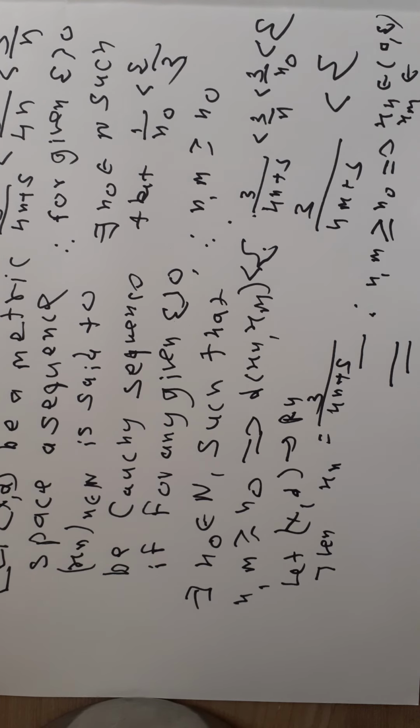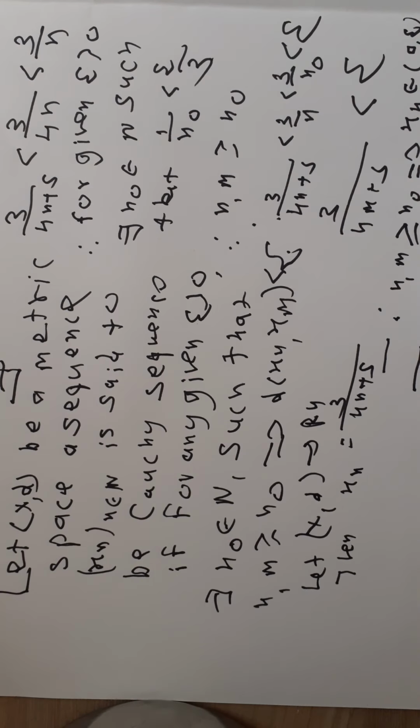Therefore n, m greater than n0 implies the distance between xn and xm is less than epsilon, and therefore xn is a Cauchy sequence in R.